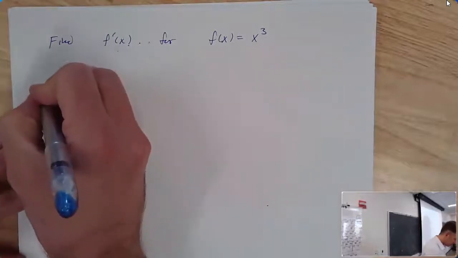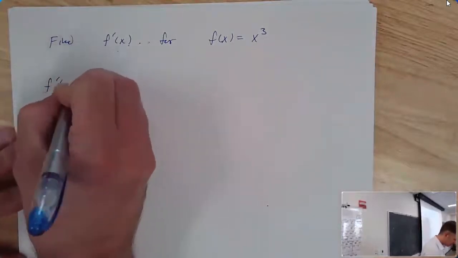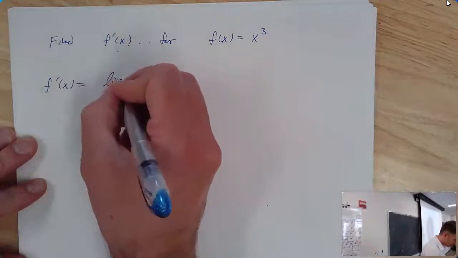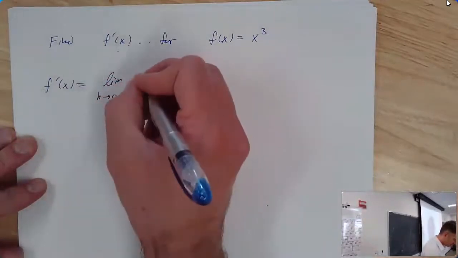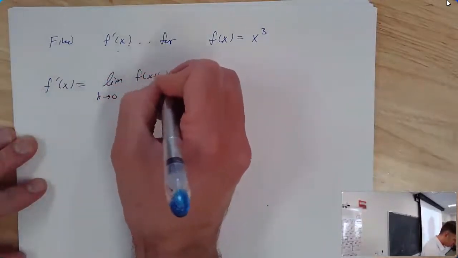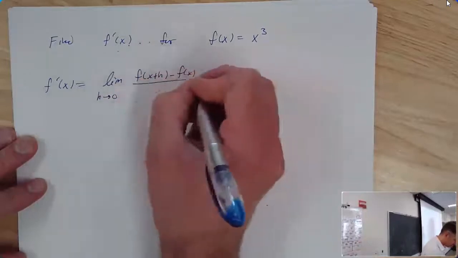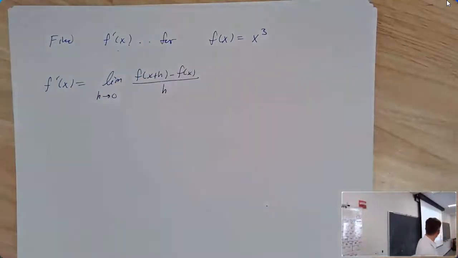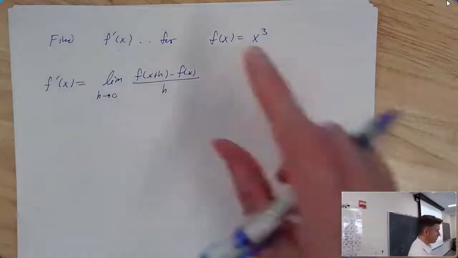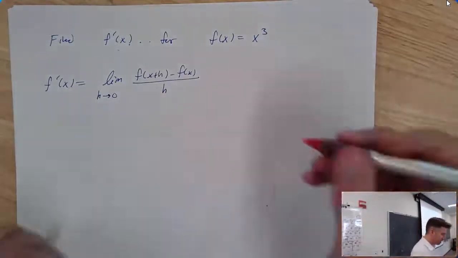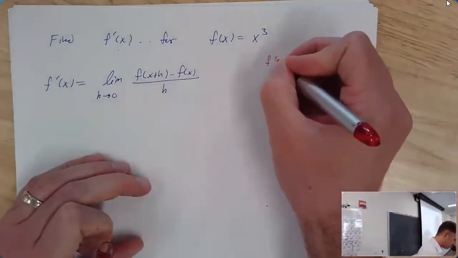So I'm going to say that f prime of x is equal to the limit, as h goes to 0, f of x plus h minus f of x all over h. There's f of x already written down for me. f of x plus h, I do like to write it down on the side.